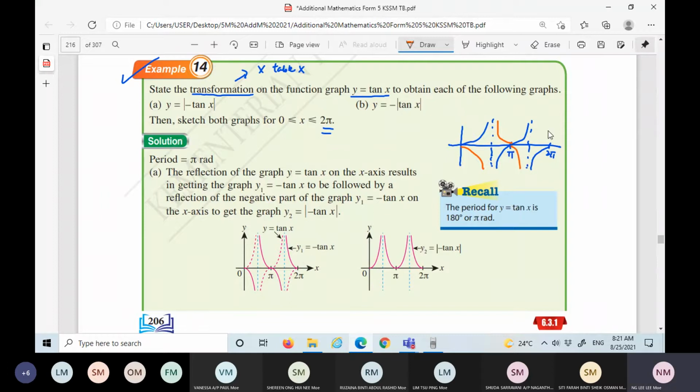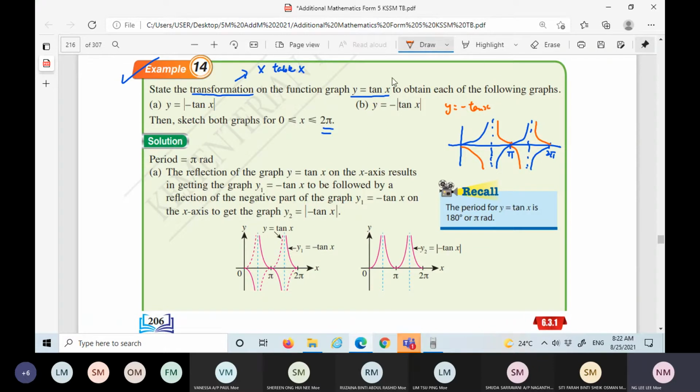It's like a mirror, and the mirror is at the x-axis. So the red one is the negative tangent x. I write y equal to negative tangent x. This is red.